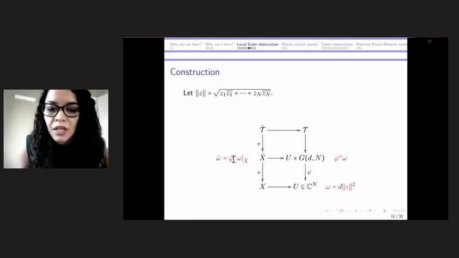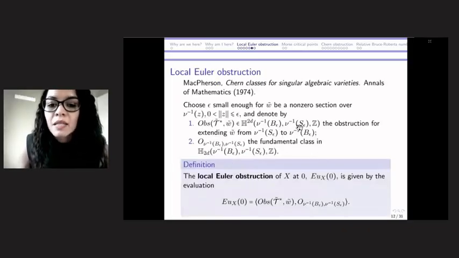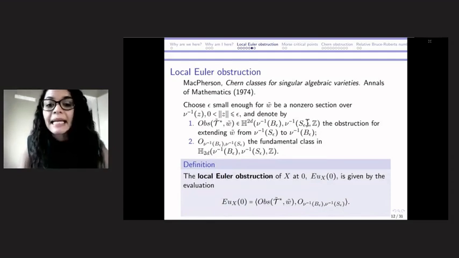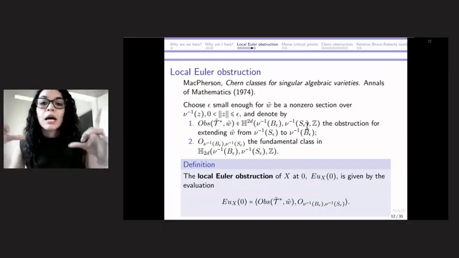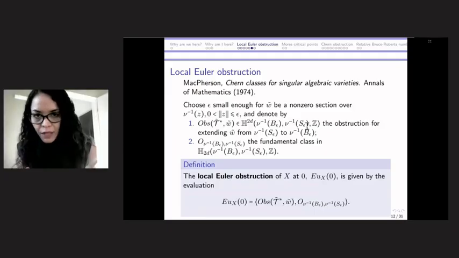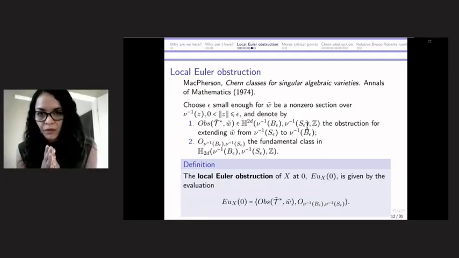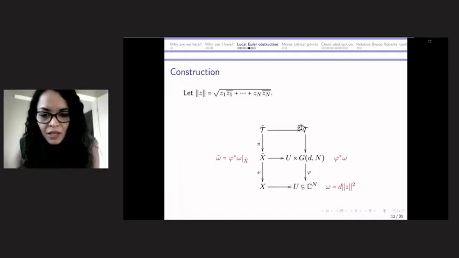Omega tilde is the restriction of that pullback to the Nash modification. So there is this small epsilon where this omega tilde is non-zero, right? And then the question is, is it possible to extend this one differential form from the inverse image of the sphere into the inverse image of the ball? When I say inverse image, it is the inverse image through this map.